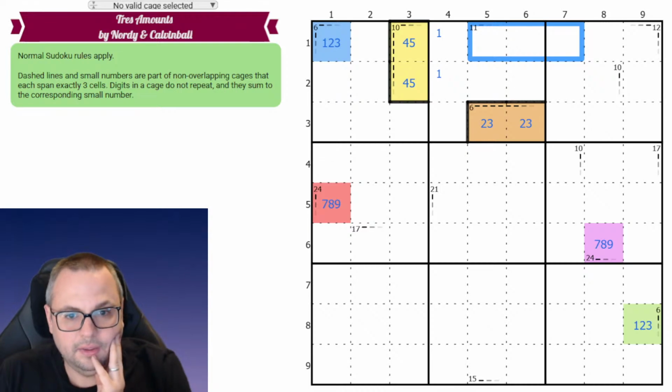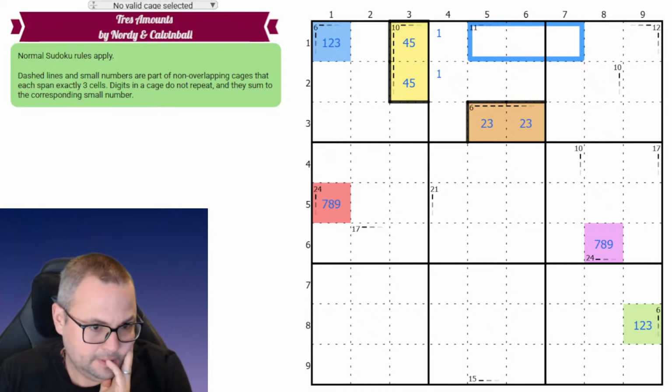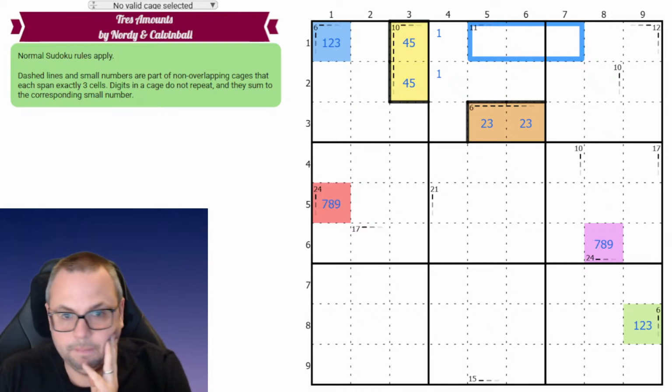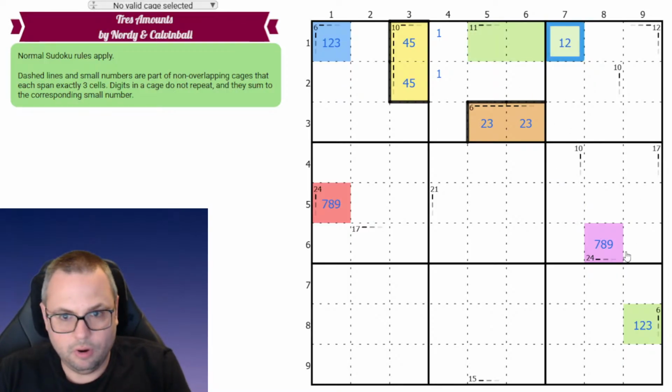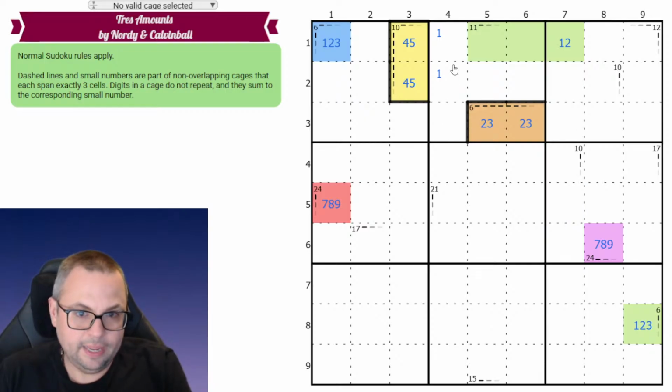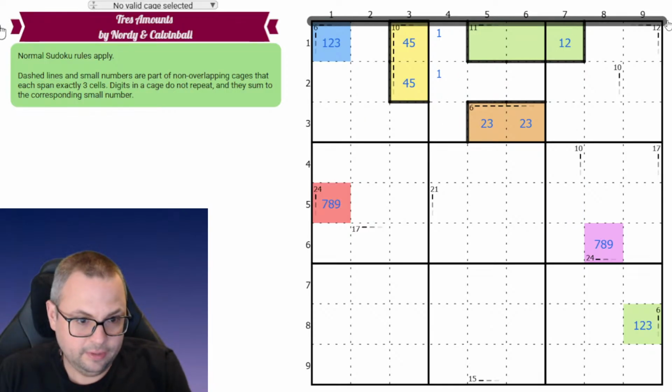So we can do that, which is going to make this a 1 or a 2 always. We can go ahead and mark that in, and I can go ahead and wrap this around the outside.